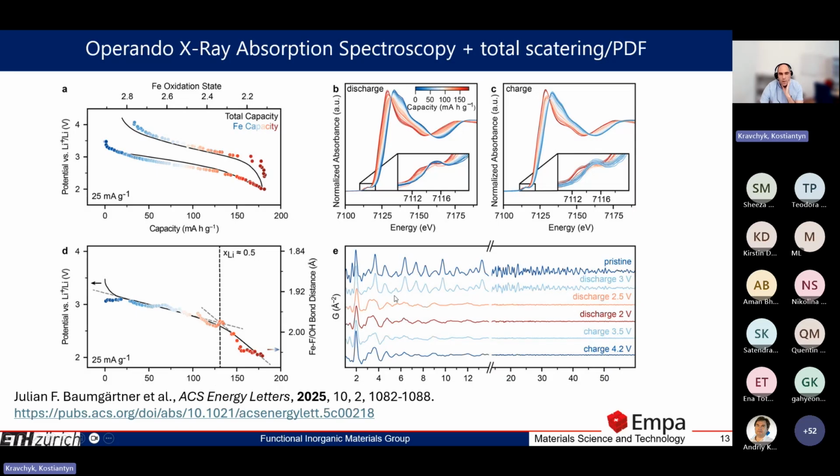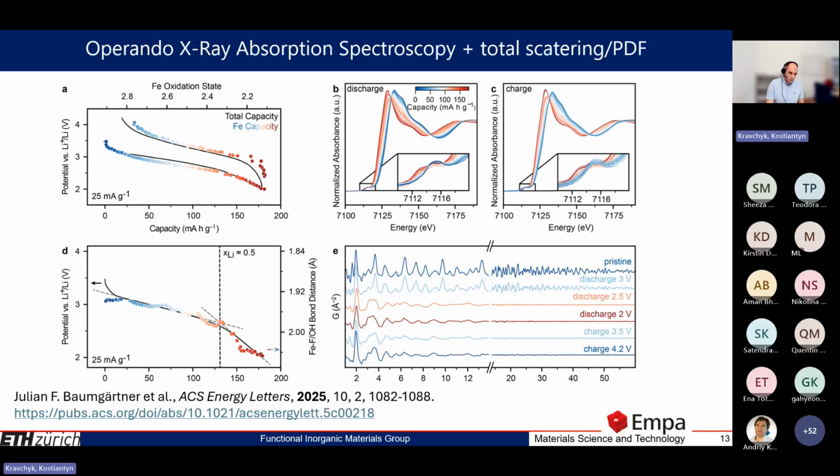But if you proceed further with lithiation, then you change the local structure, which is an indication that you have a different lithiation mechanism. And this is quite important information if you think about reasons why the material is not cycling very well.